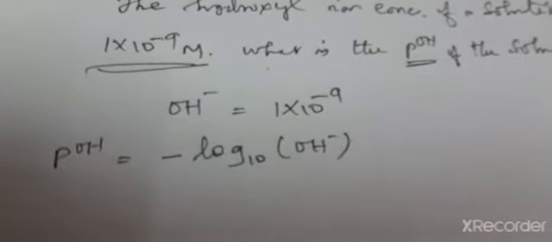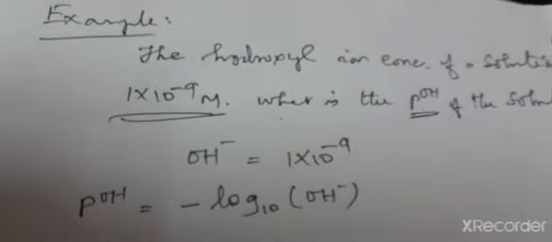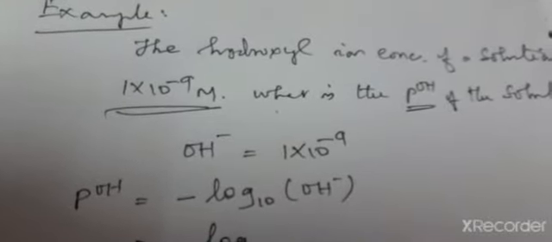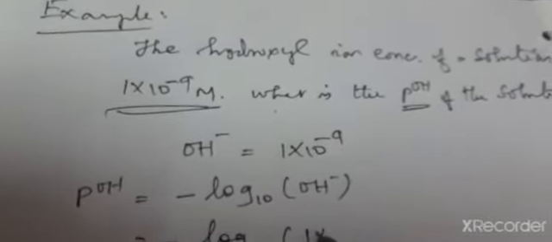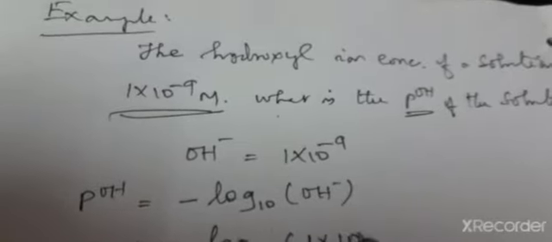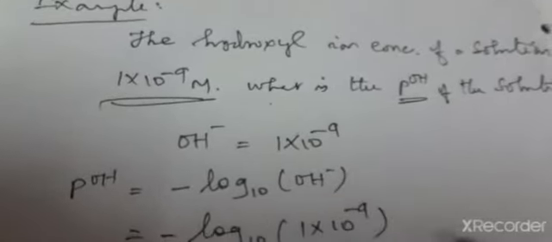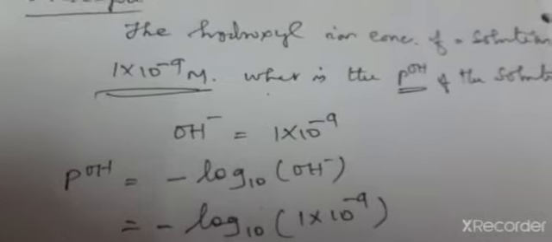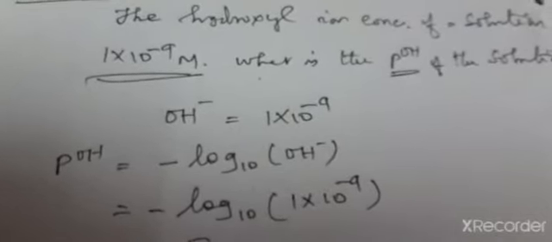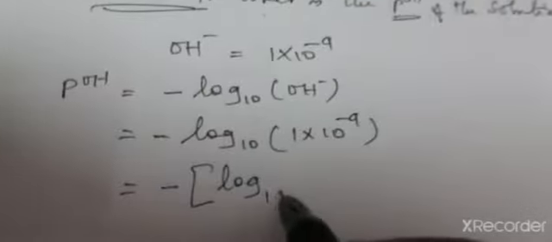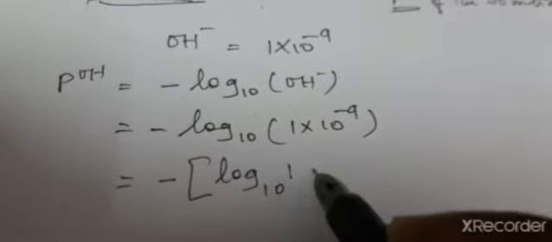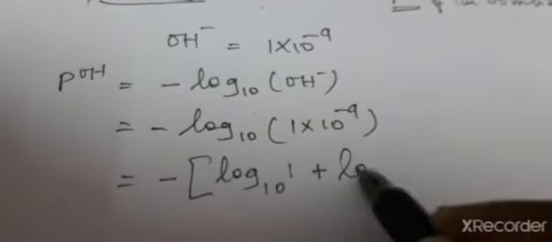Now in the same way you have to apply minus log 10. You have to substitute the given hydroxyl ion concentration 1 into 10 power minus 9. That you can write separately, that is log 10 1 plus log 10 power minus 9.